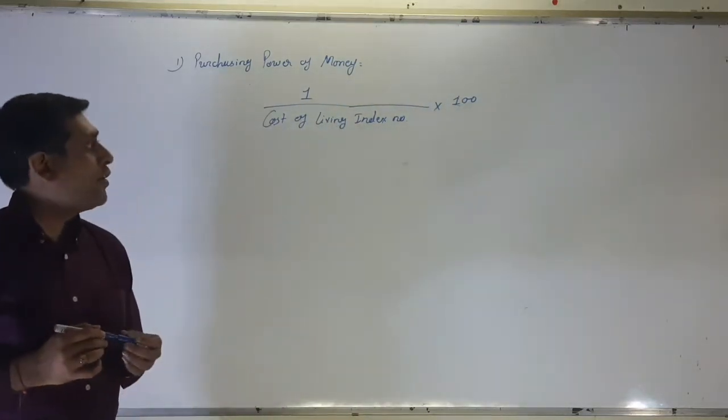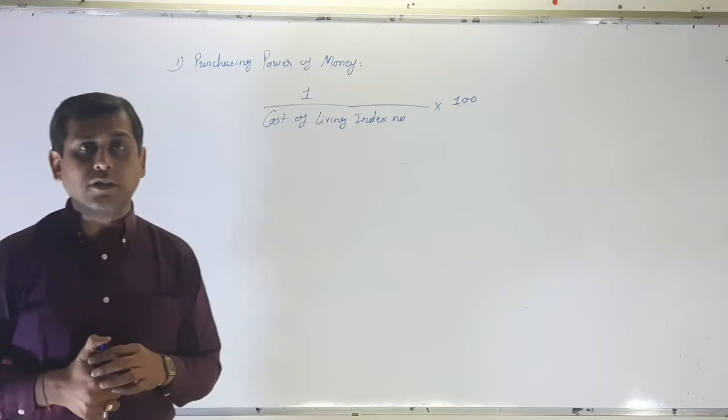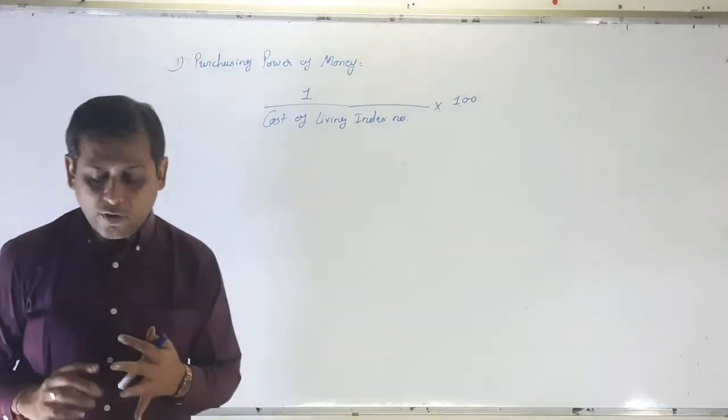One upon cost of living index number into 100. This is the formula for purchasing power of money.